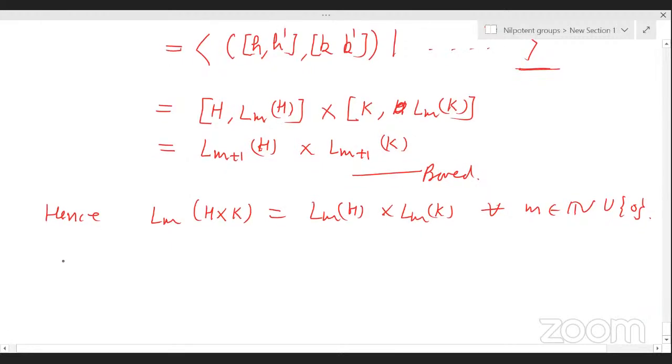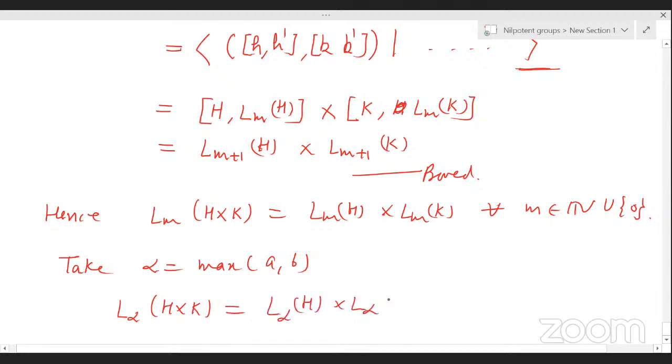So take alpha to be the maximum of A and B, where A is the nilpotency class of H and B is the nilpotency class of K. So what is L alpha of H cross K? This is L alpha of H cross L alpha of K. So this is trivial and this is again trivial.